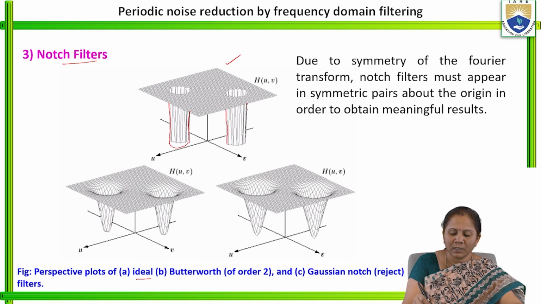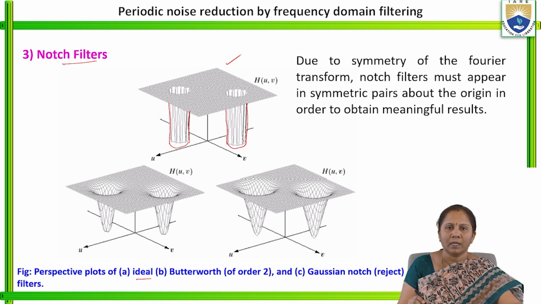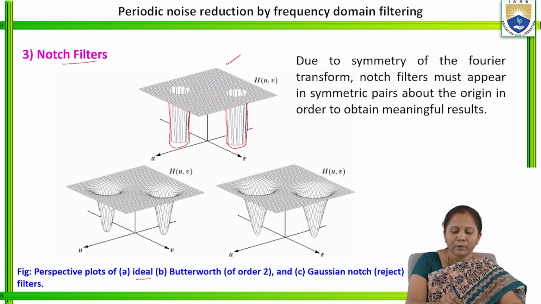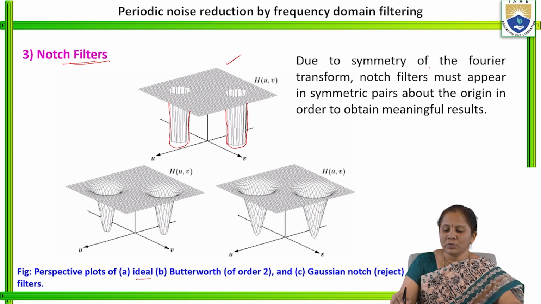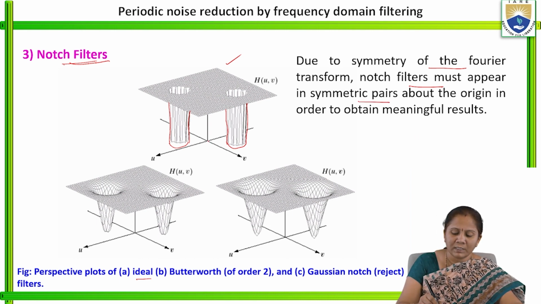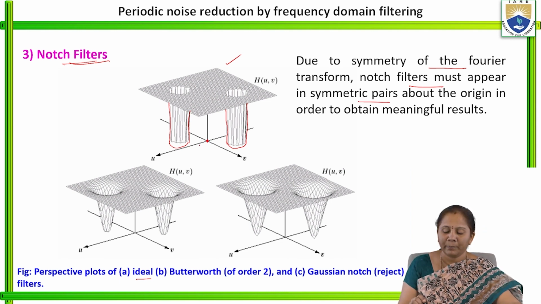Mainly, if we observe these plots of the notch filters, due to symmetry of the Fourier transform, notch filters must appear in symmetric pairs about the origin. If we consider this is the origin, the notch plots have appeared in a symmetric manner in order to obtain meaningful results.